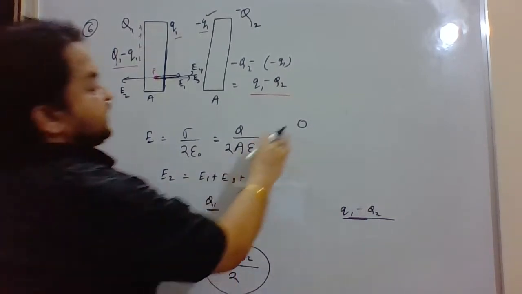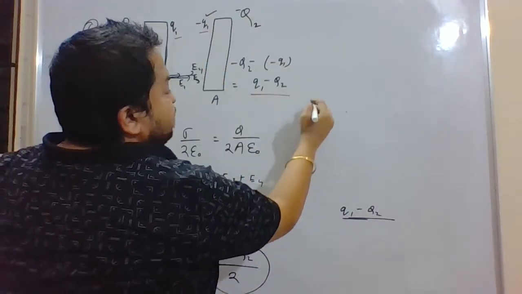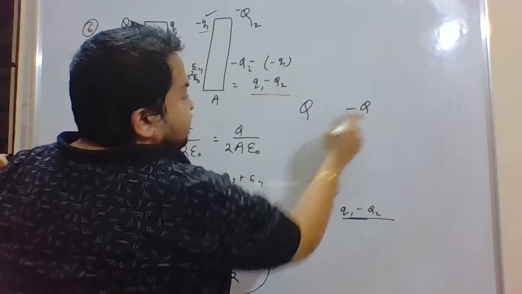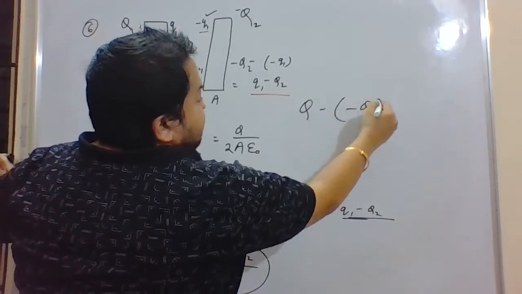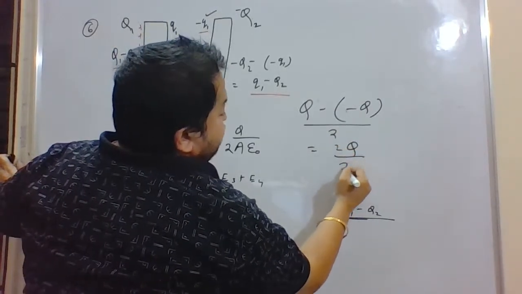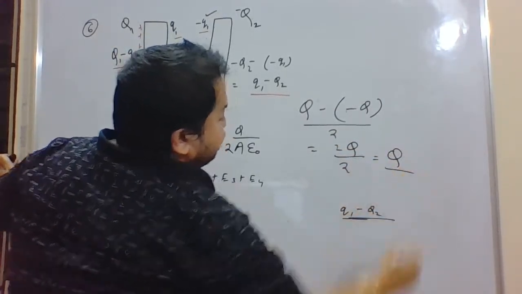So that is the very reason when one side has charge plus q and the other side has charge minus q, what is the difference? Q minus minus q by 2. So it becomes 2q by 2, that is nothing but q.